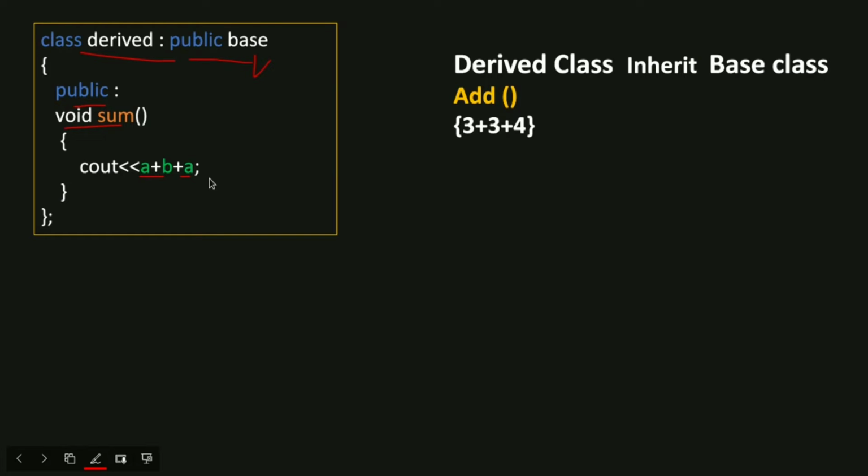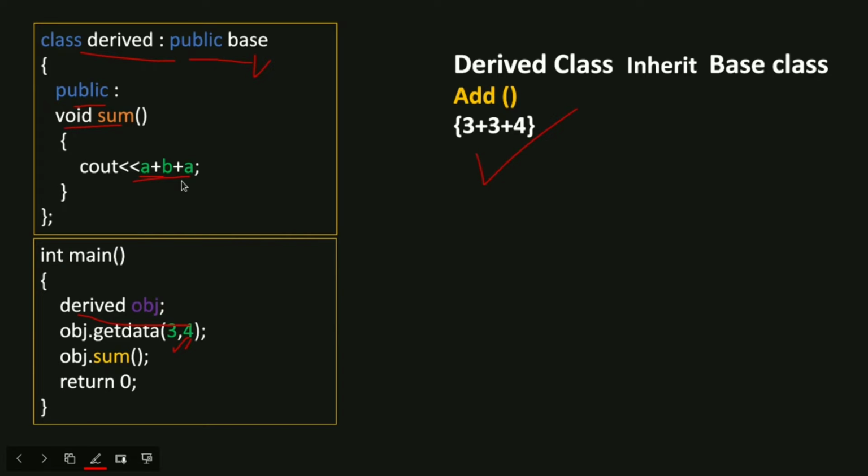After that we are creating an object of the derived class. In the inheritance concept we will always make the object of the derived class, as we know. From the object we are passing 3 and 4, which are the values for x and y, and a and b. After that, object dot sum. Now, as I have said, it will call the function from the derived class, that means a plus b plus a.